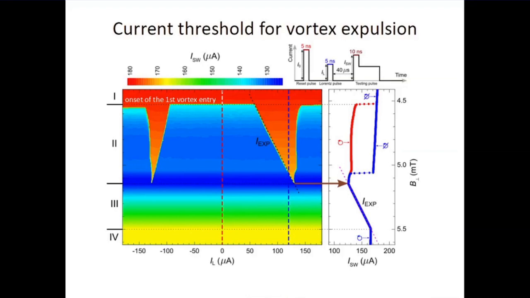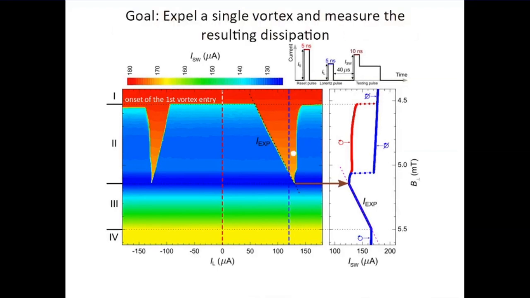So now what we do is apply this protocol for one point here. We apply such a Lorentz current pulse value, so we expel the vortex. And then we want to see what the dynamics of the temperature of the box is after we expel the vortex.